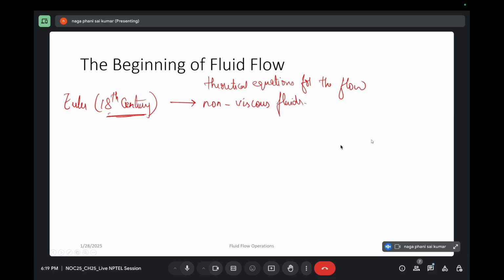And then in the 19th century, the famous scientists Navier and Stokes developed equations for movement of viscous fluids.